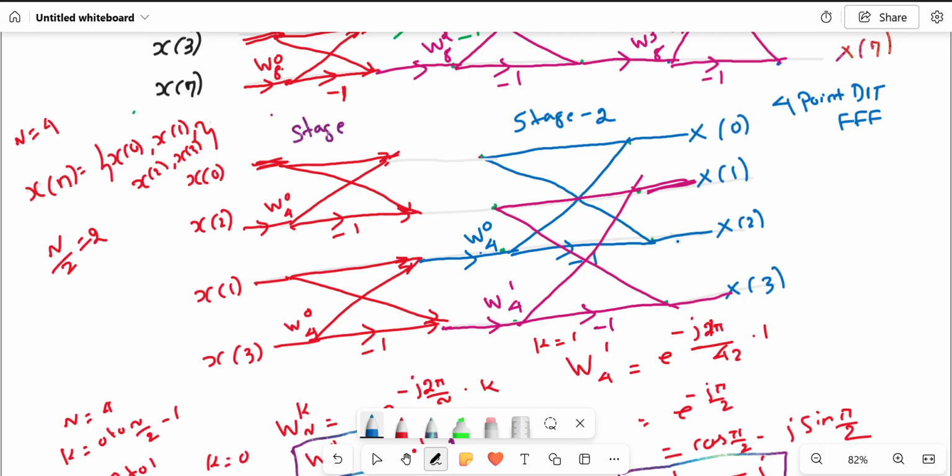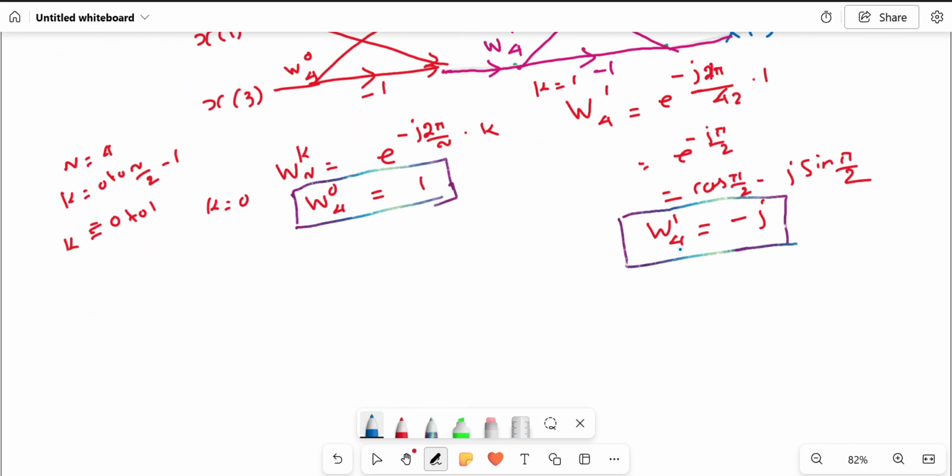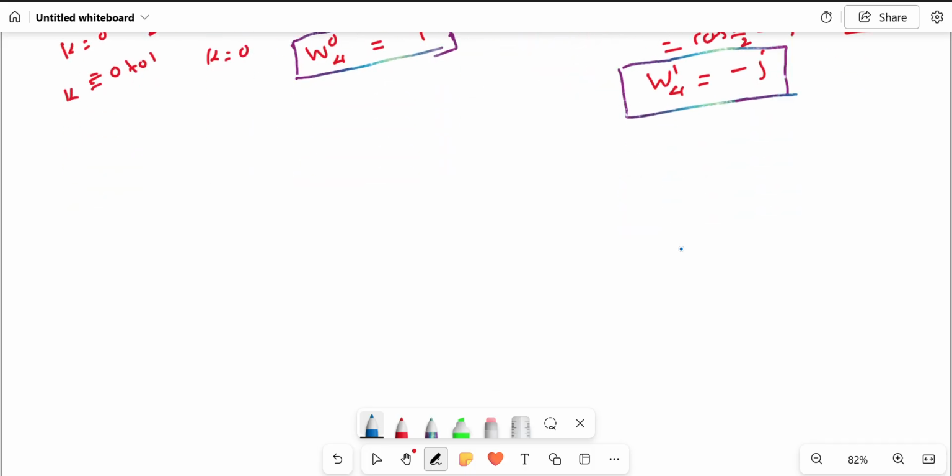Similarly, decimation in frequency FFT. If we draw the structure of decimation in frequency FFT, I'll give an example.